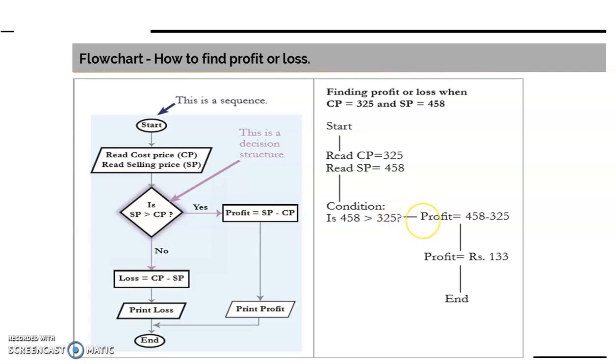That means if SP, that means selling price, is greater than CP, then the answer is yes. Over here our selling price is 458 and CP is 325. That means 458 is greater than 325. So our answer is yes.